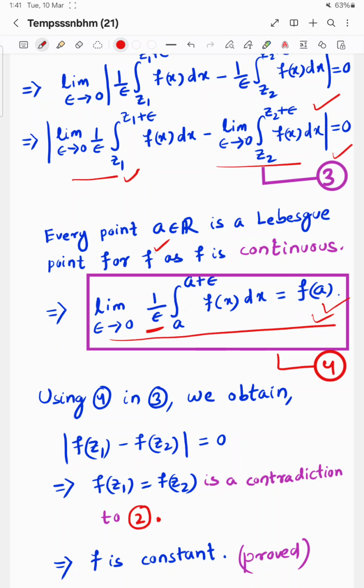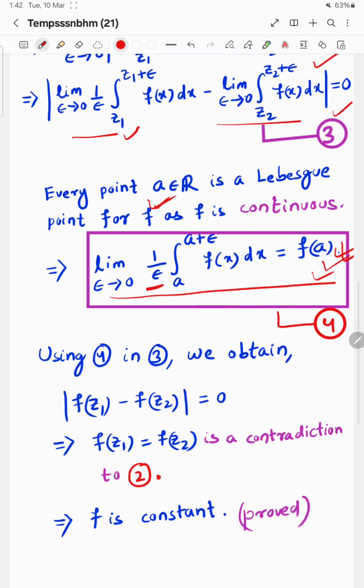Since f is continuous, every point a satisfies this limit: the limit as epsilon tends to 0 of 1 by epsilon times the integral from a to a plus epsilon of f of x dx is nothing but f of a. For the time being, believe me that this result is true, and you can check the description box for a concrete proof. Now we will use this equation 4 in 3.